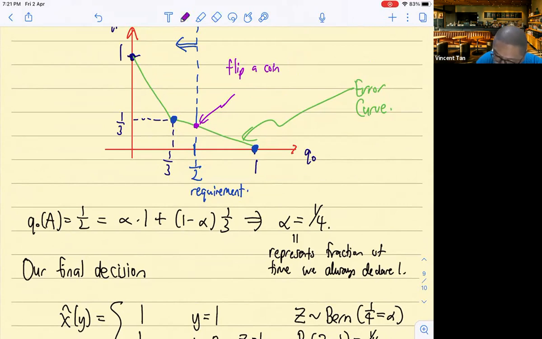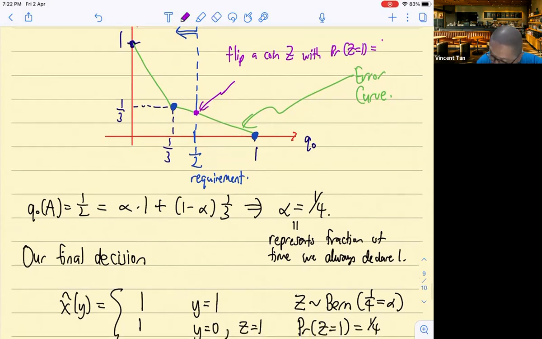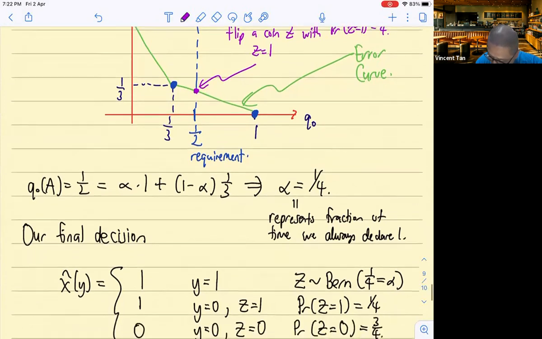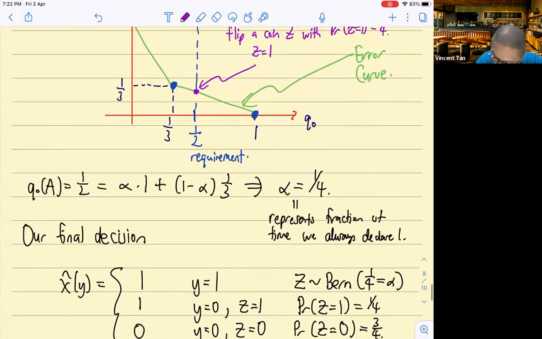We flip a coin, let's say z, with probability z equal to 1 being 1/4. If z is equal to 1, then we will use operating point A. If z is equal to 0, we use operating point B here. So is this clear? I think I described this very carefully.